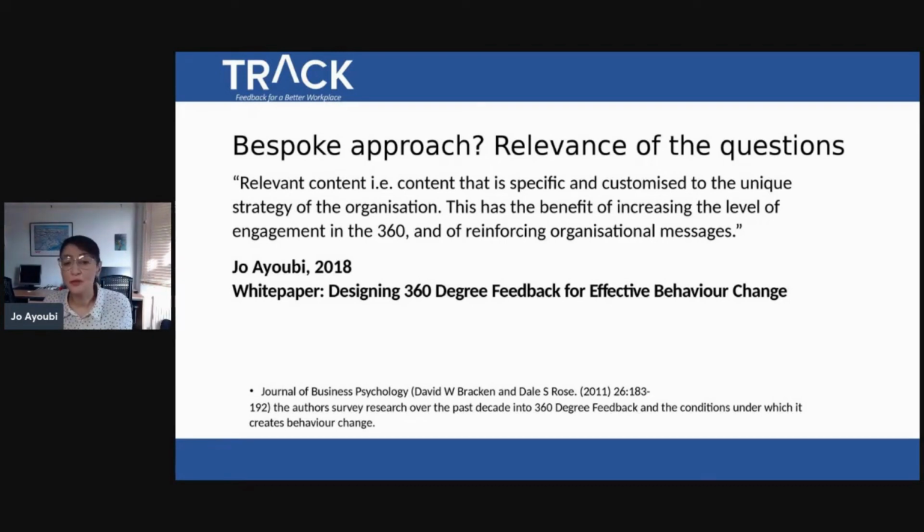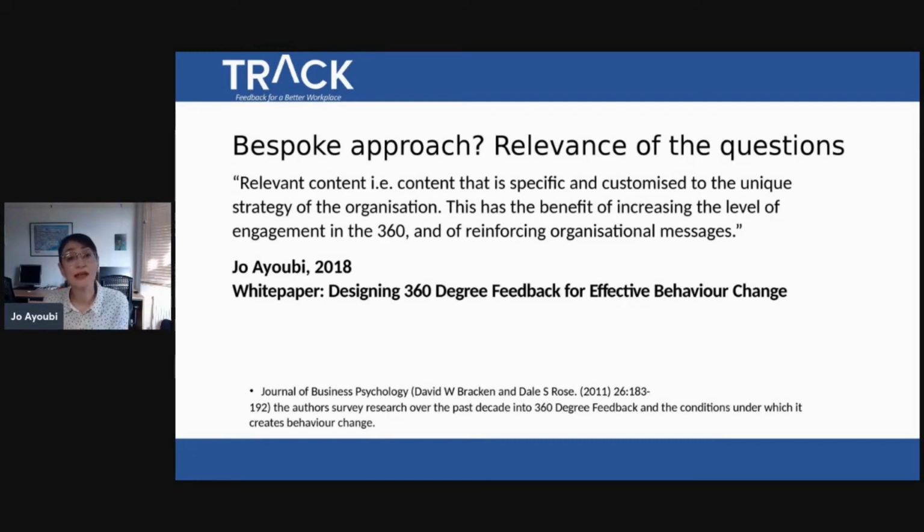So it could be that you are thinking about a specific bespoke 360 for your teams. And that can be based on, if you are looking at developing team skills within your organization, you may very well have a model that's been developed in a bespoke way.